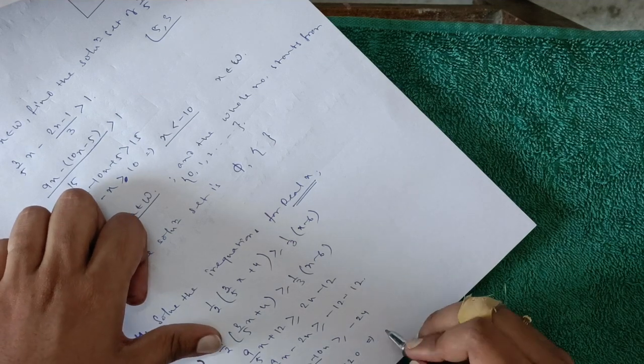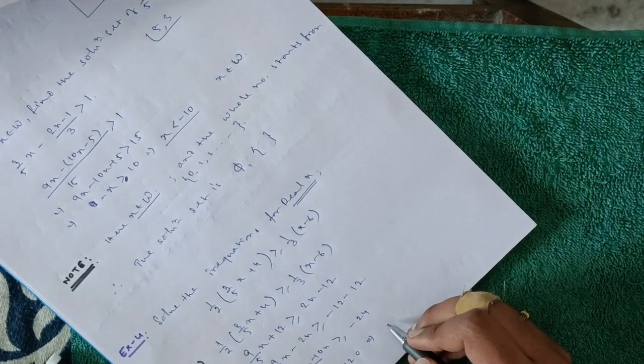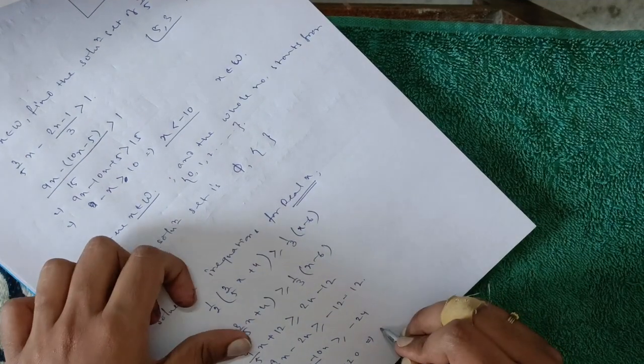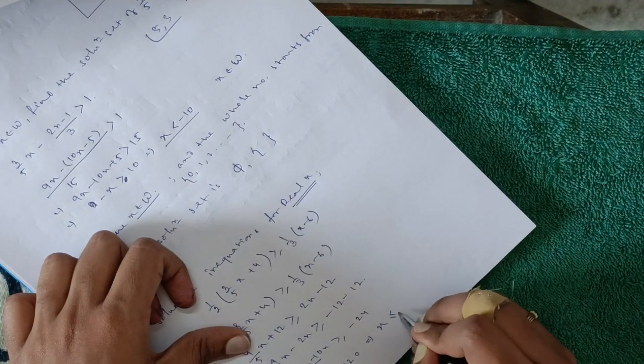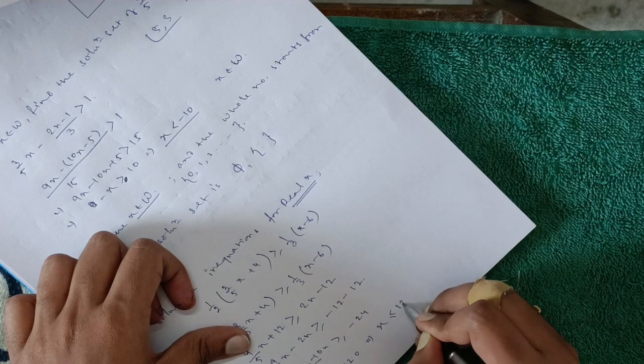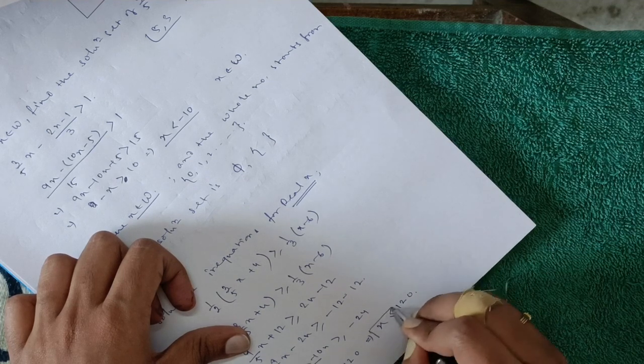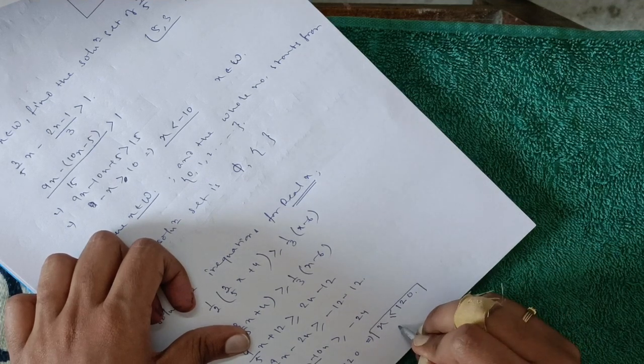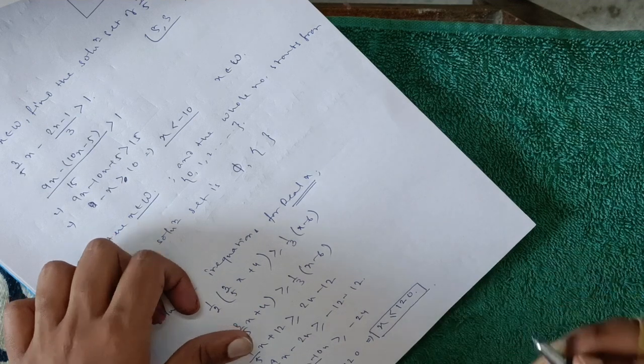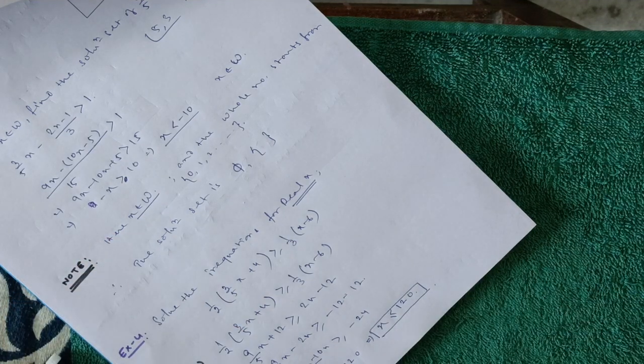Okay, so 120, so multiplying it will be less than 120. Okay, it is 120. Done multiplying it.